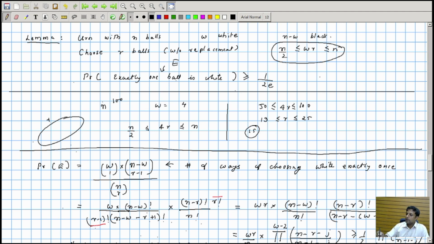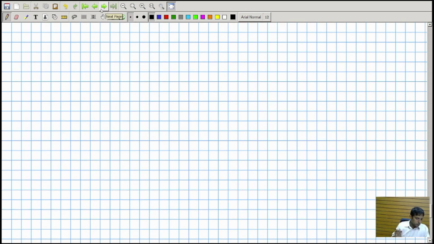Now if you repeat this log n times or some suitable number of times, then you can ensure that at least one of those trials will result in a pick of r balls where exactly one of them is white. So let's see how we use this particular lemma.